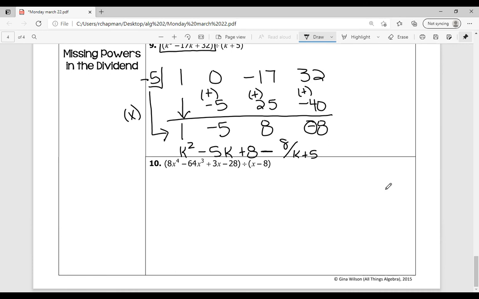Now, the last one on this page, it's under the missing powers example. So what power is missing? The x squared is missing this time. Do y'all agree? Okay. So technically, this is 8x to the fourth minus 64x to the third, and I always just put plus 0 because it's just easier.